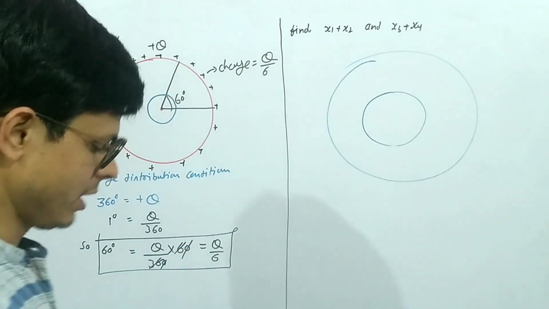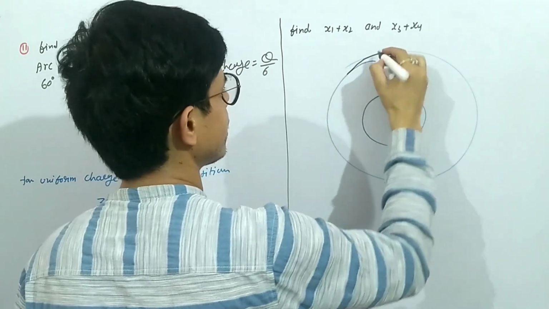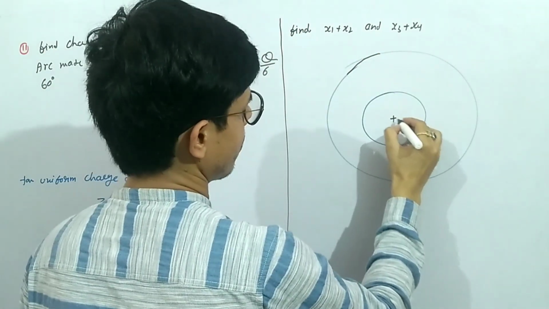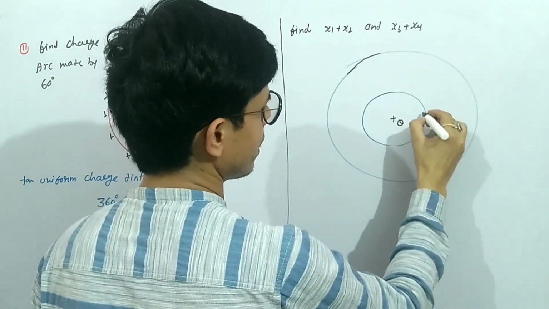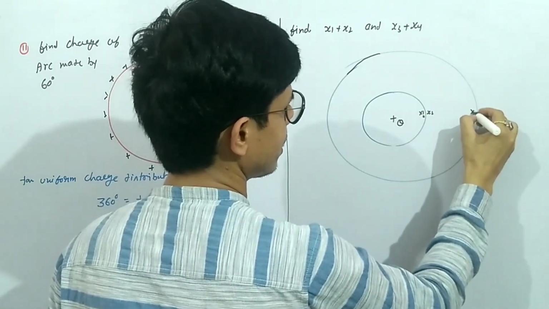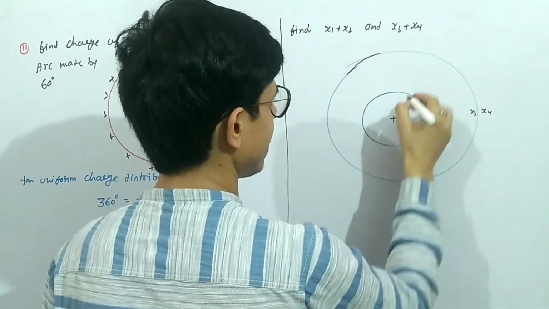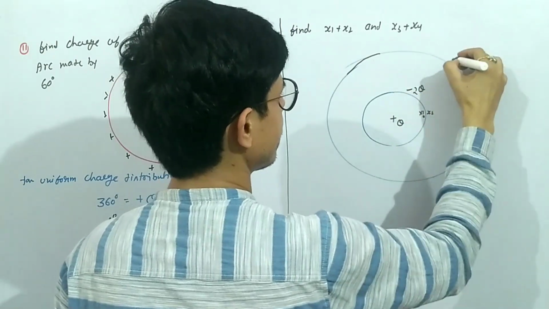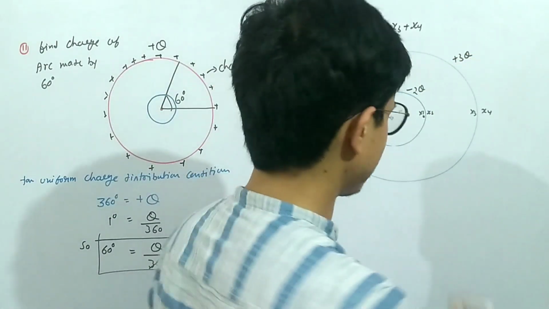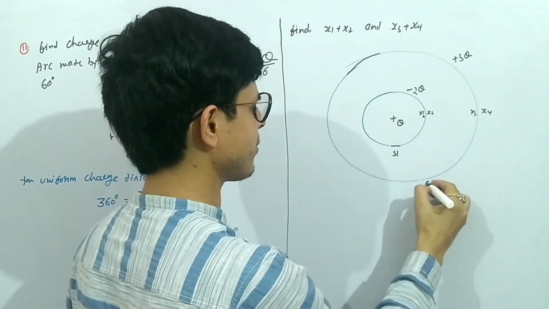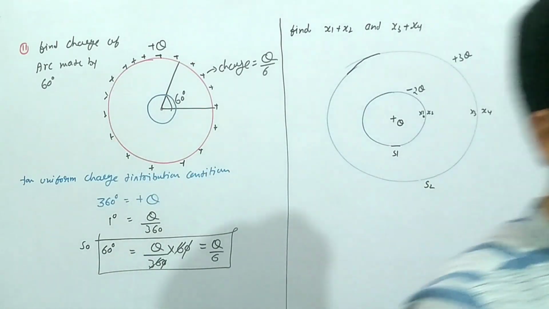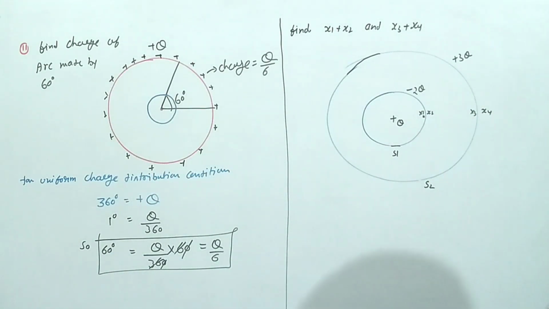You have to see this condition carefully. There is a plus q at the center, and the surfaces are marked x1, x2, x3, x4, with minus 2q and plus 3q. In this question, two conducting spheres are given, S1 and S2.